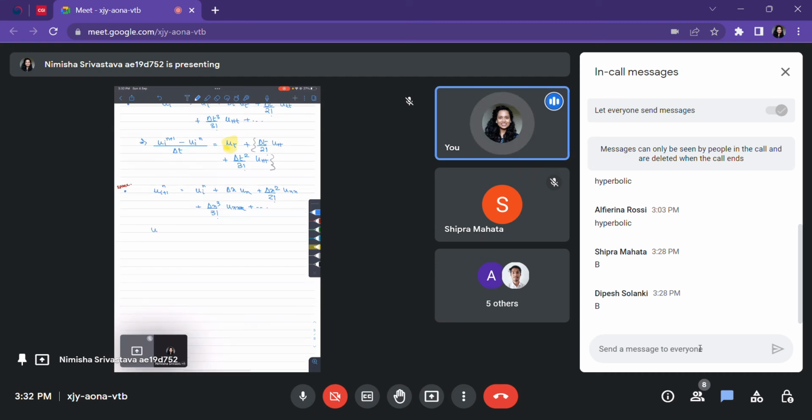And I have also ui minus 1 is equal to ui at n minus delta x ux plus delta x square by 2 factorial u double x minus delta x cube by 3 factorial u triple x and so forth.